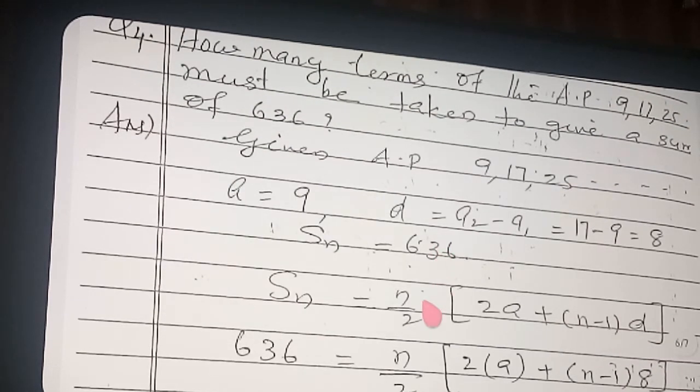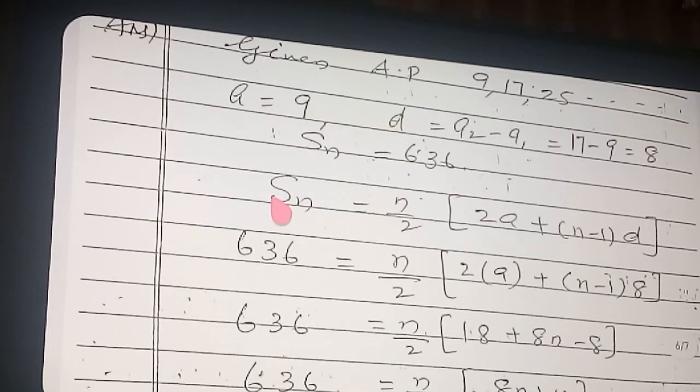A previous sum of the same type was done. See here, Sn is equal to n by 2 into 2a plus n minus 1 into d. Apply the value of Sn 636, n by 2 into 2 into 9 plus n minus 1 into the value of d, 8. So 636 is equal to n by 2 into 2 into 9, 18 plus 8n minus 8.